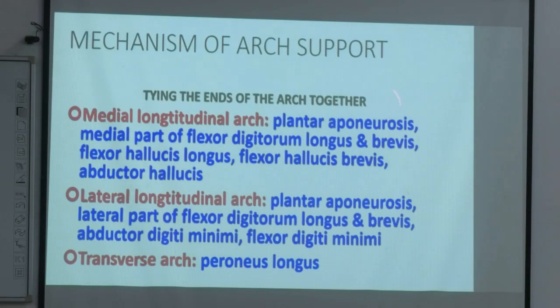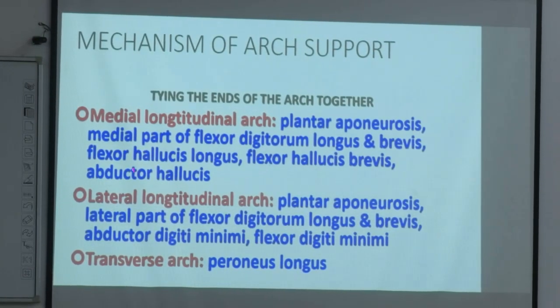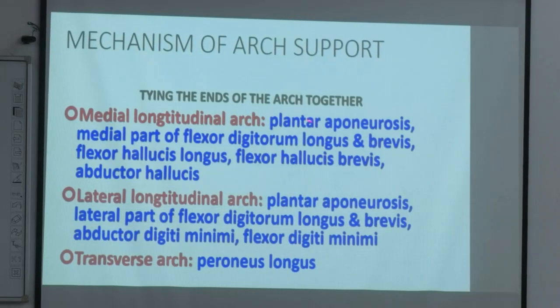Next, what are the structures forming the tie beams for these three arches? For the medial longitudinal arch: plantar aponeurosis, medial part of the flexor digitorum longus and brevis, flexor hallucis longus, flexor hallucis brevis, and abductor hallucis. You have to know these muscles, their origin, insertion, and attachment of these ligaments.